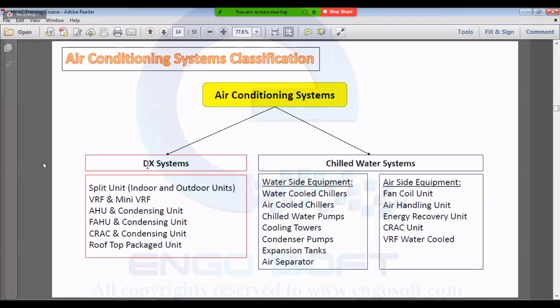Why are they called direct expansion systems? Because it works with air directly.